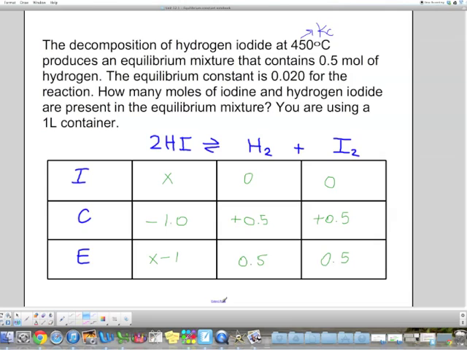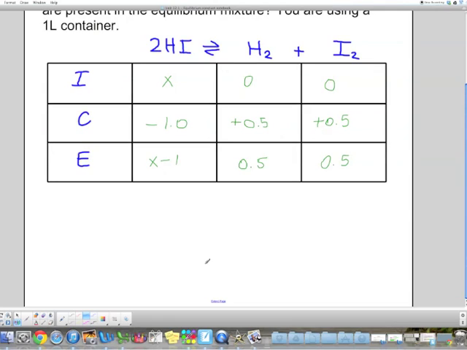So next, what do we do? I write down my equilibrium law. So my equilibrium law, Kc, is equal to the concentration of H2 to the 1 times the concentration of I2 to the 1 over the concentration of HI squared. If I replace, I get 0.5 times 0.5 over x minus 1 squared.